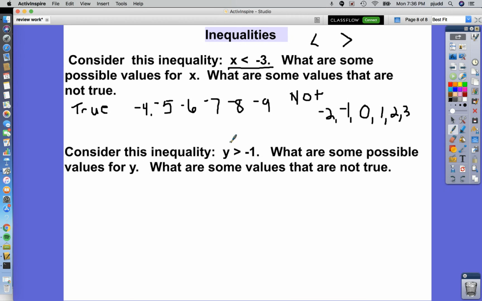Okay, so now let's look at our last one. And this is basically the same thing, except we're going greater than. So I have y is greater than -1. And I want values that are going to make this true and values that are going to make this statement not true or false.